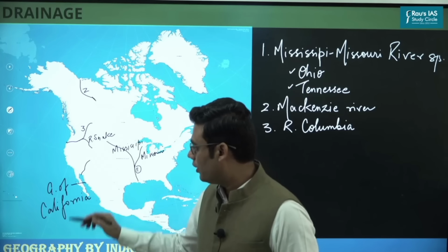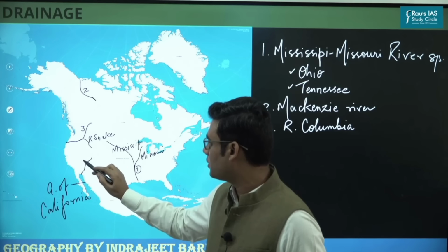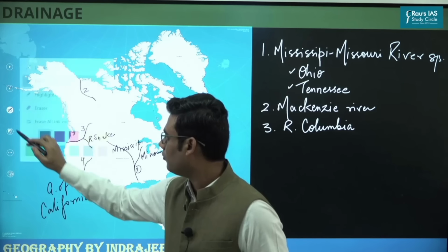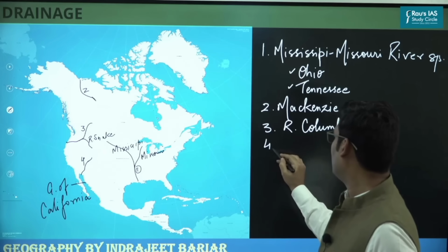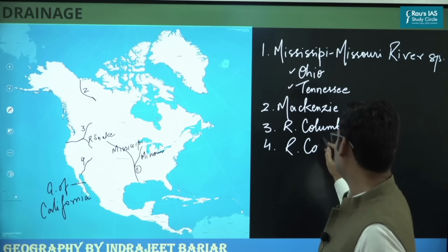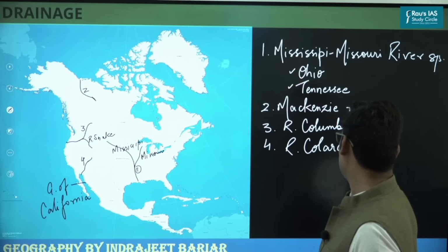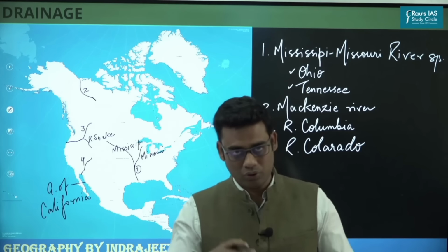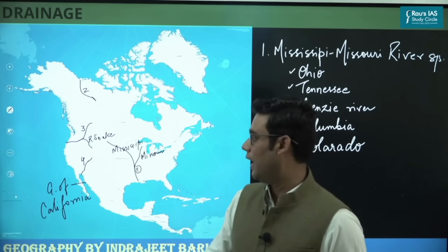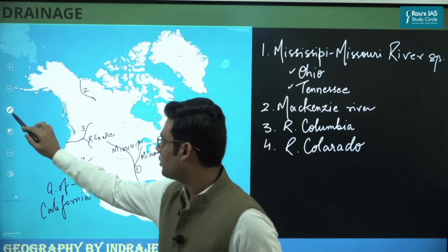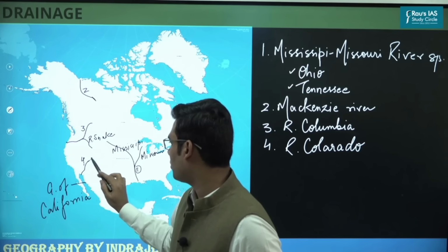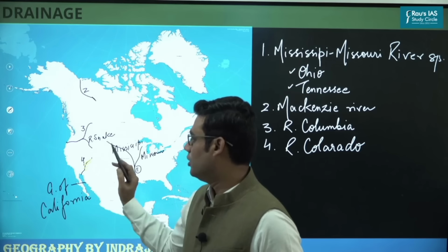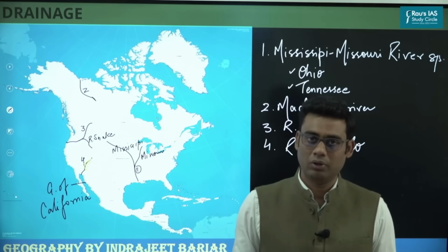This river is called the Colorado River. It flows through the Colorado Plateau. So this whole portion is the Colorado Plateau.